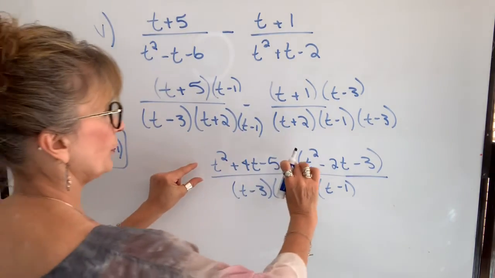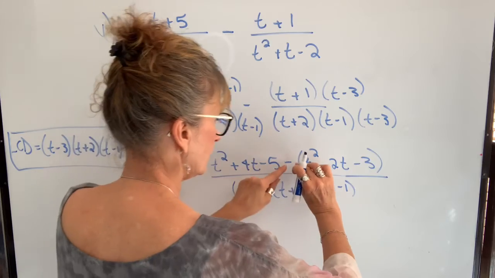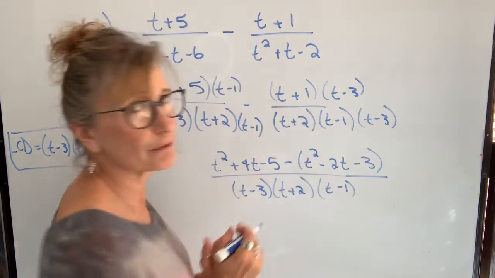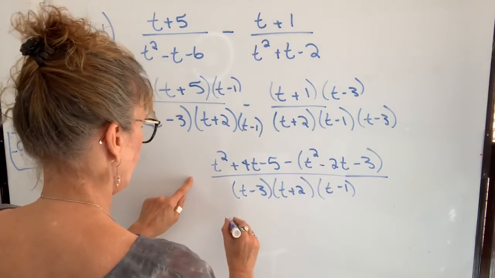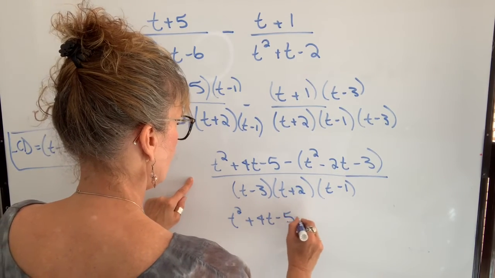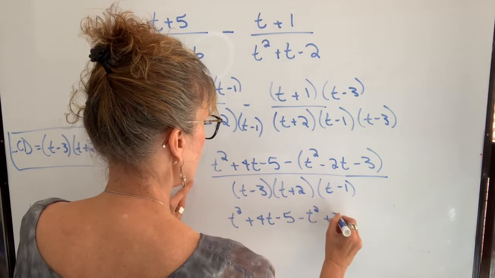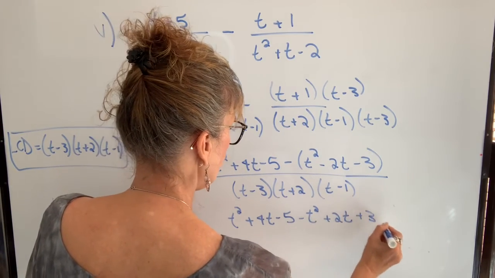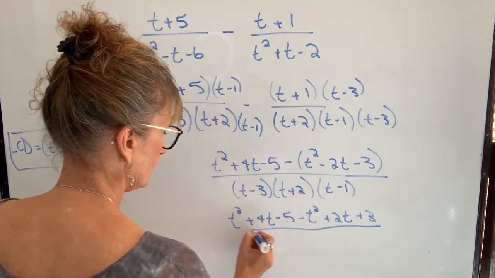My next step, I'm going to now apply this negative or this subtraction to every term. So I'm going to have t squared plus 4t minus 5 minus t squared plus 2t plus 3 over this denominator.